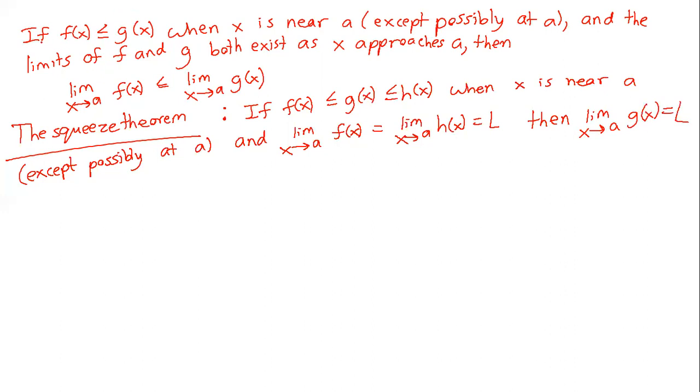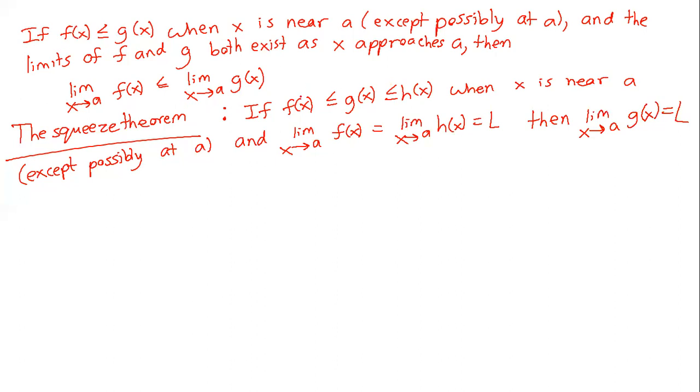So what these last two say is this is a statement about if the value of one function evaluated at all the x's near a, except possibly at a, is always less than or equal to the value of another function evaluated at all points x near a but possibly not at a, and then the limits of both functions exist as x approaches a, then you can tell something about which of the limits is actually greater.